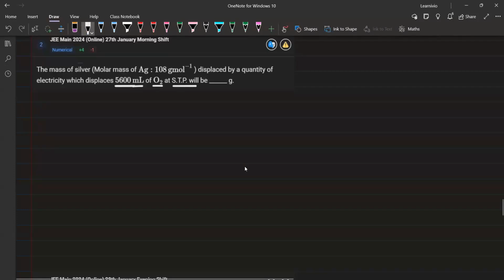First of all, calculate how many moles we are having. 5600 ml of O2, that means 5.6 upon 22.4 liters, right? This will give you how many moles? I think 1/4 will be the answer.